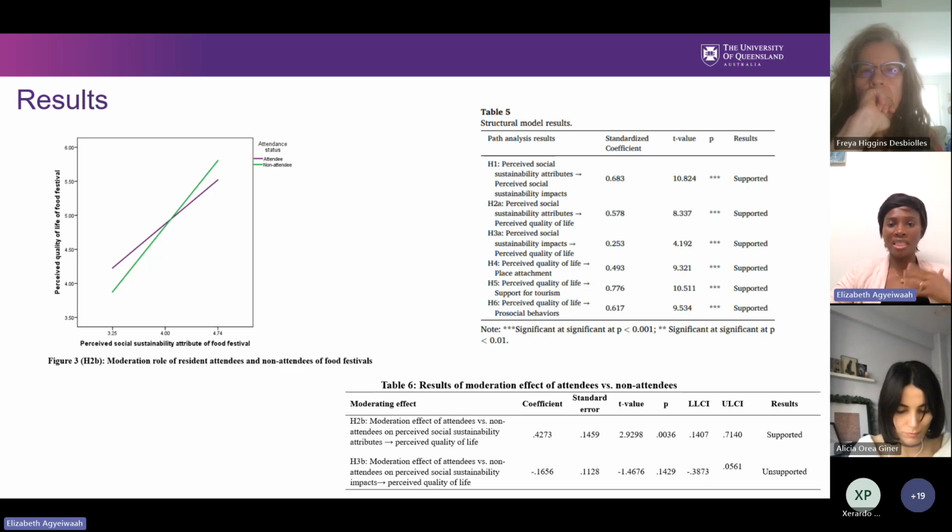So when we tested that, we realized that they did support the event and that their quality of life impacted the support of the event, place attachment, and also pro-social behavior, which were the 3 outcome variables.